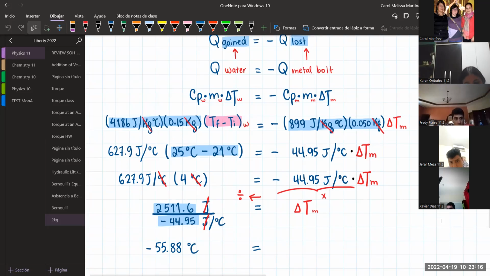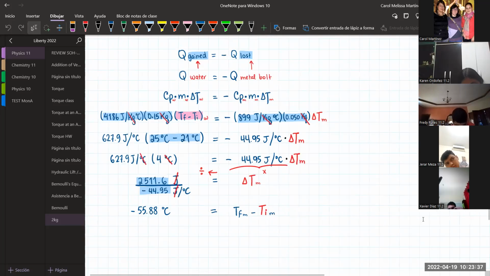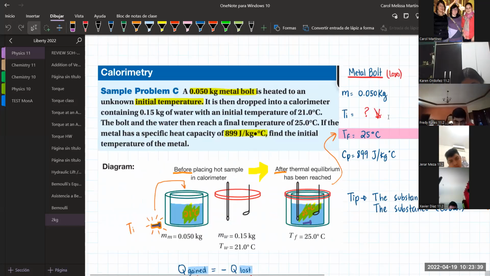But delta T, what is delta T? Delta T is final temperature of the metal bolt minus initial temperature of the metal bolt. Initial temperature is the one that I'm looking for, okay? If you go back to your data, this is what you're looking for.